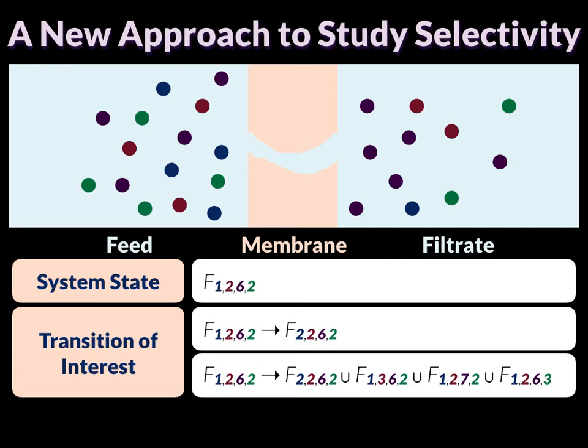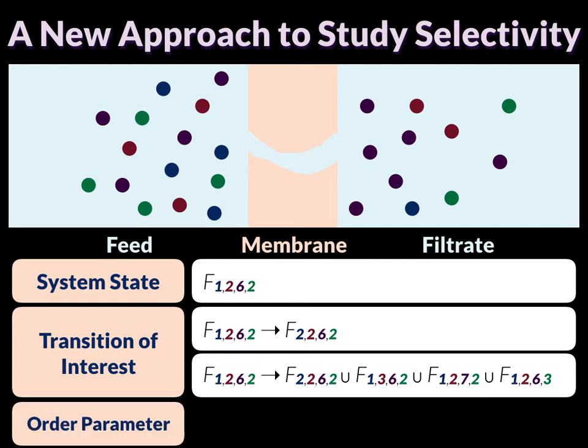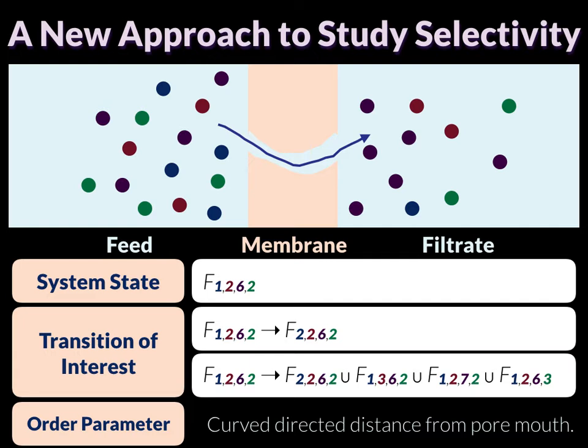Now, in order to study each of the transitions with an order parameter for our simulations, the parameter will be based on a curvilinear distance from the mouth, so it will be a function of this L that is negative in the reservoir and increases continually along the pore. And then the order parameter is basically the curvilinear distance of the leading solute that is in the membrane.